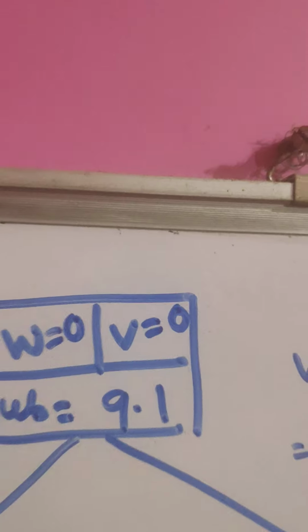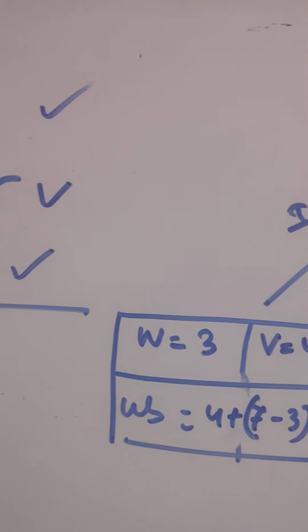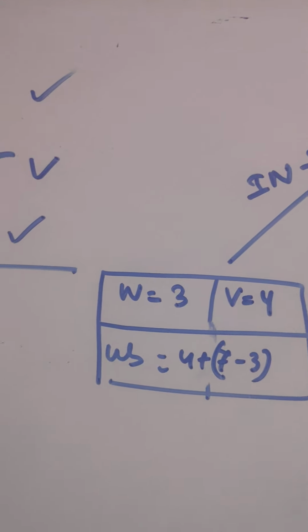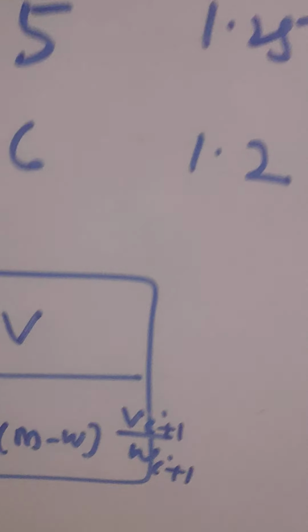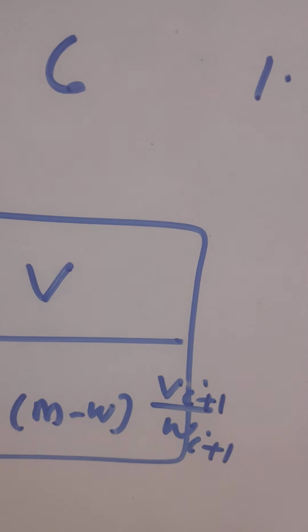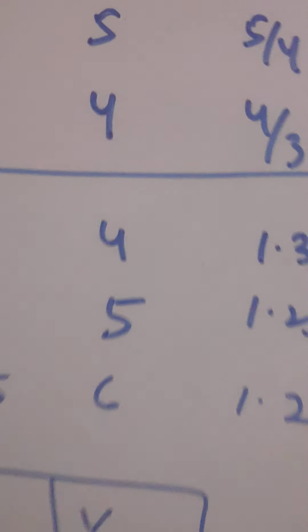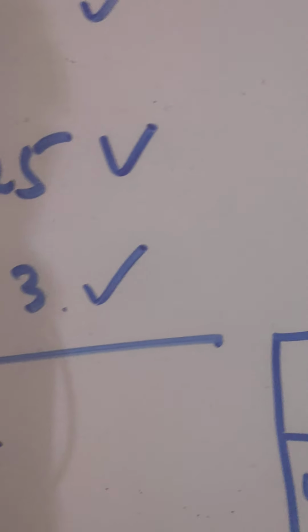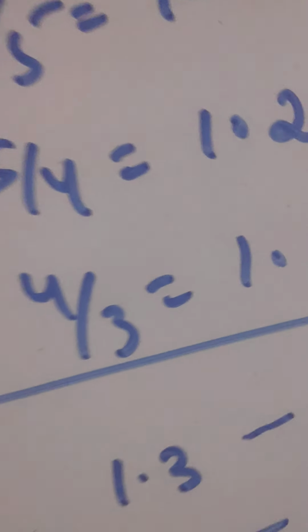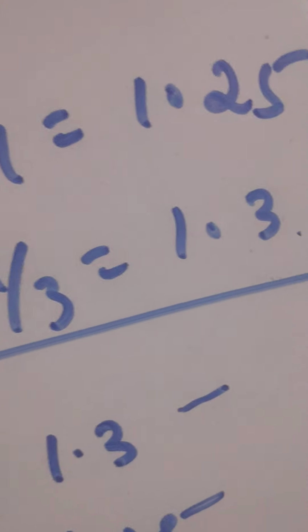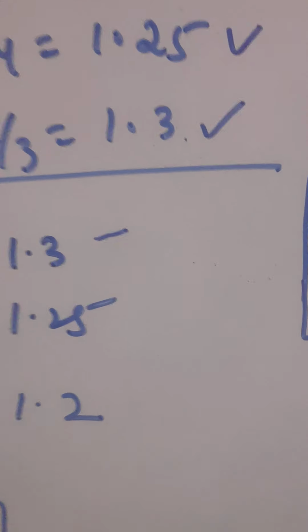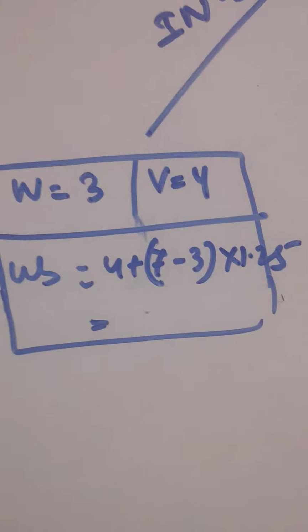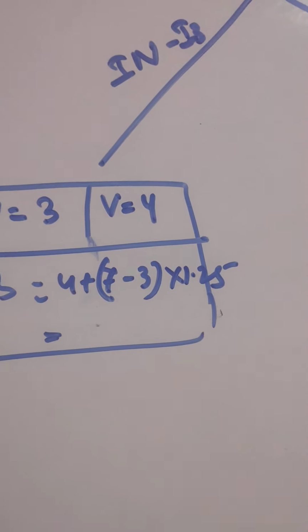Since in this case I was 0 initially, but here since I have included I3, already first item has been included, so I becomes 1. So my Vi plus 1 becomes V2 by W2, which is 1.25. 7 minus 3 is 4. 4 into 1.25 is 5, plus 4, it is 9. Upper bound is 9.